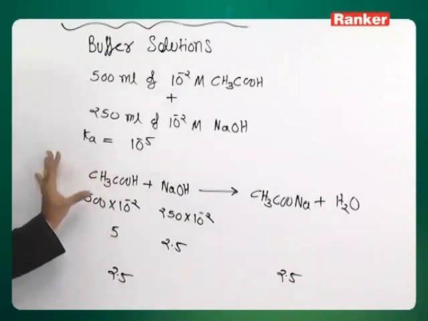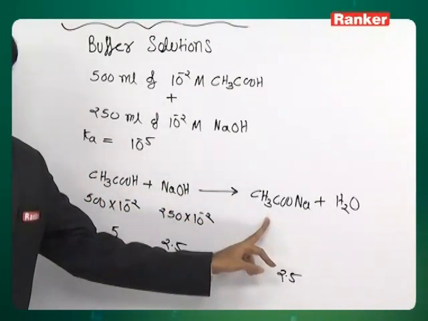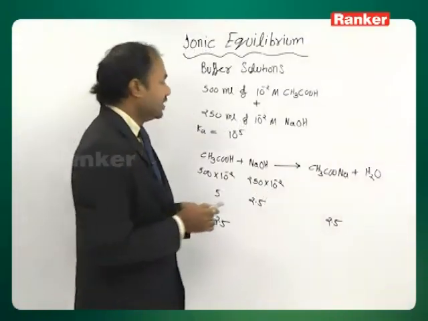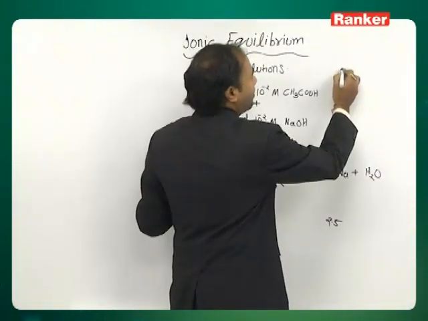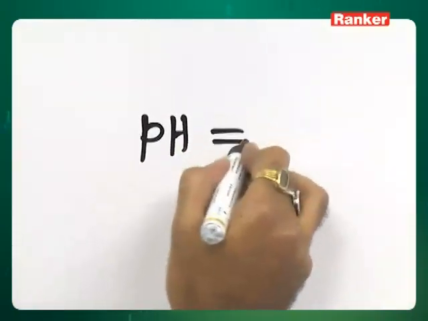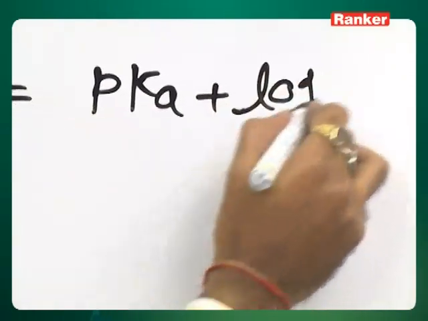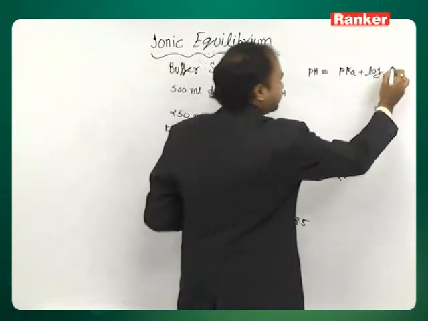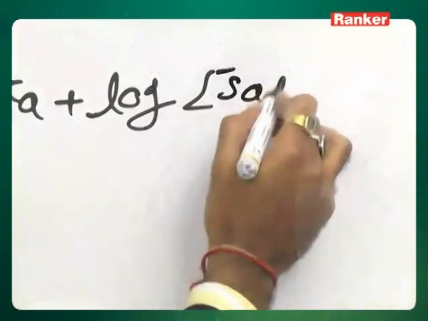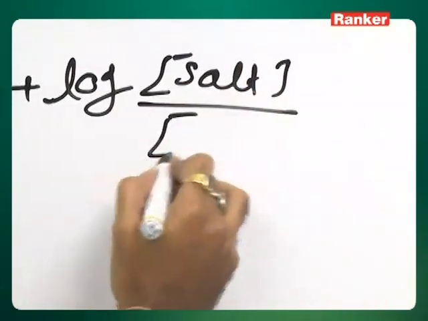And what type of buffer will it be? It will be an acidic buffer. We use the Henderson equation here, which says that pH of a buffer will be equal to pKa plus log of concentration of salt by acid.